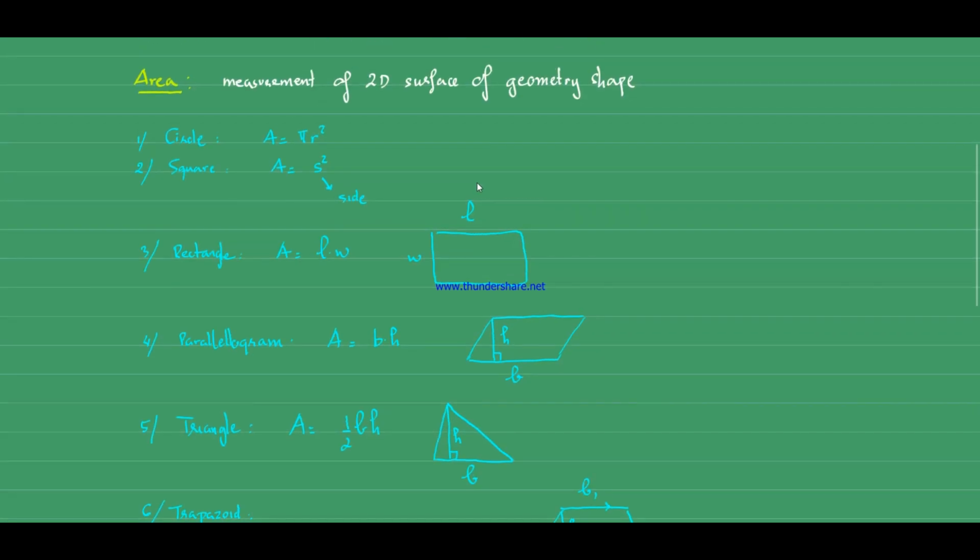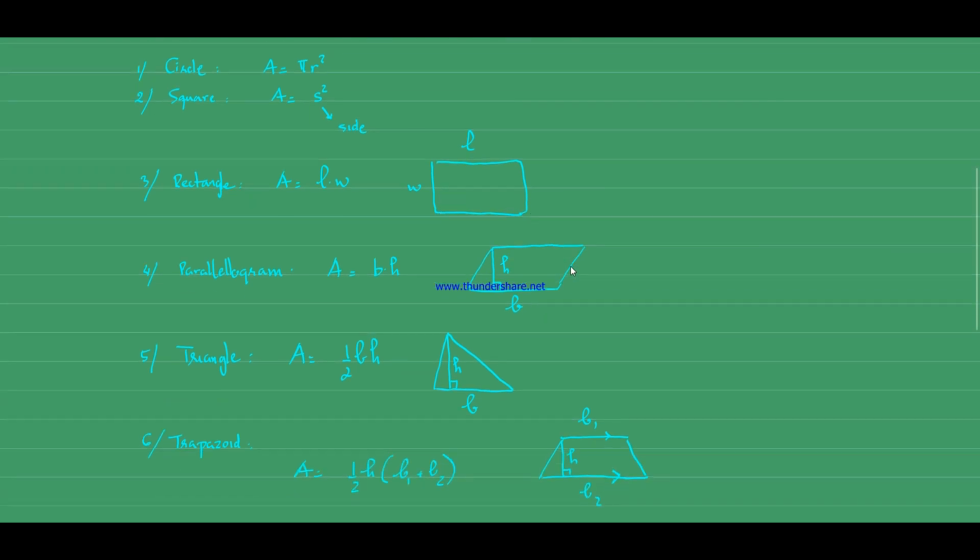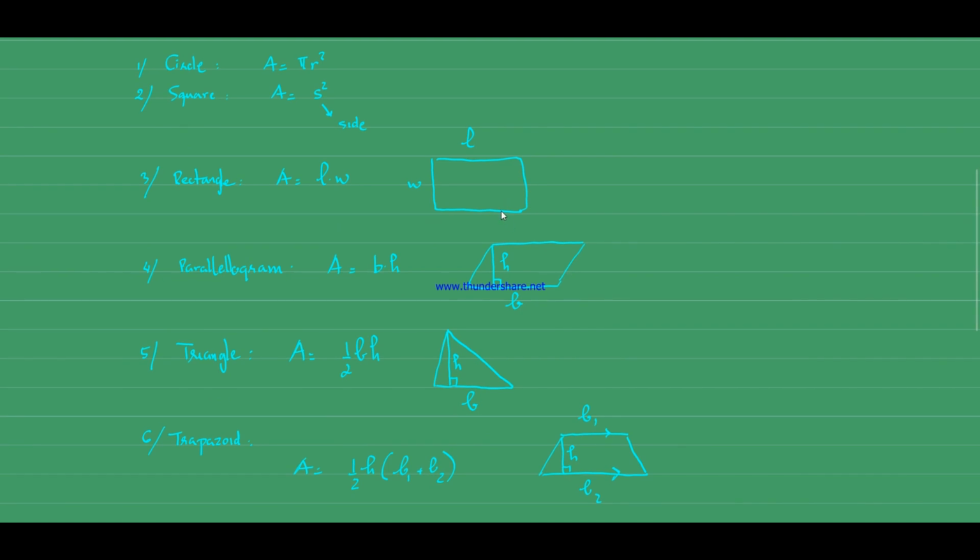Okay, so I just want to talk about some characteristics of each shape over here. I already mentioned that in the previous video, but not all the shapes. For the rectangle, we know this side and this side are congruent to each other, and this one is congruent to each other. For the parallelogram, this and this are congruent, and this is congruent to each other.